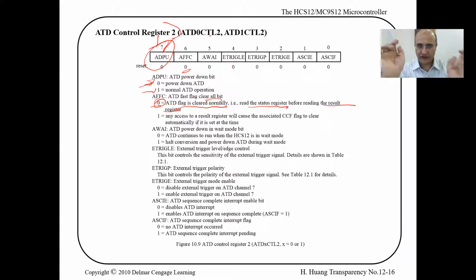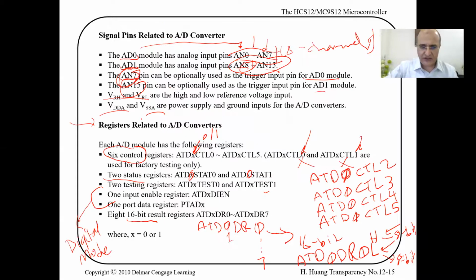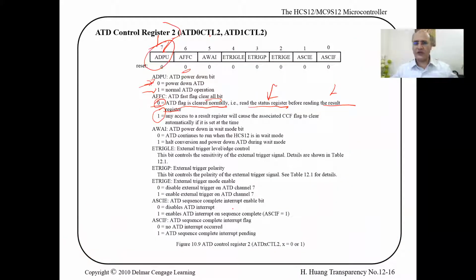Two steps to clear it, you manually have to do this. Or you set this to the automatic mode, and whenever you read the result registers, I'm talking here about these, the flag will clear automatically. So usually we set this to 1, automatic clearing.